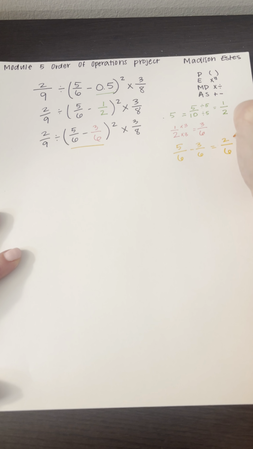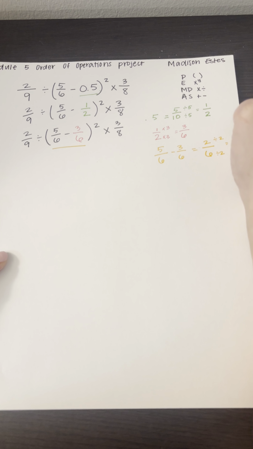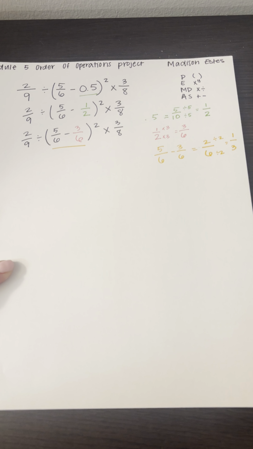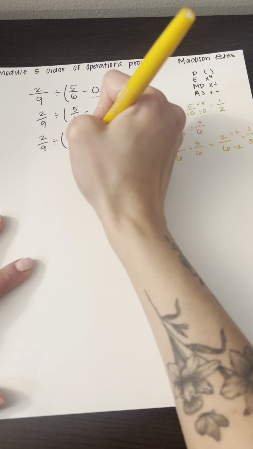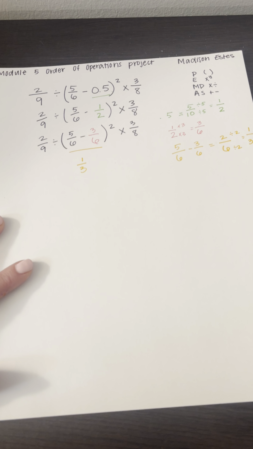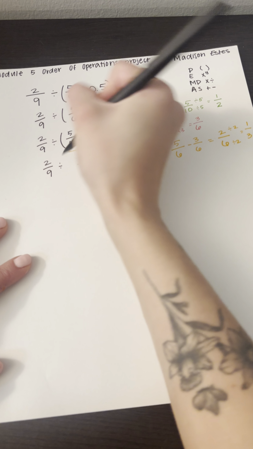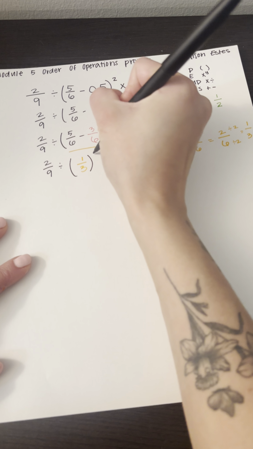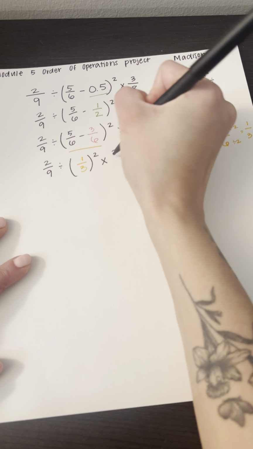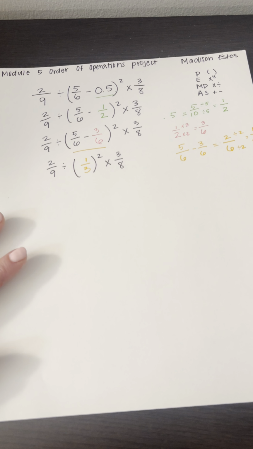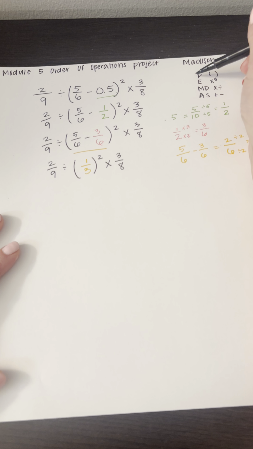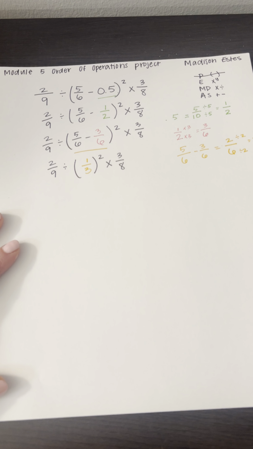And now I'm going to simplify this by dividing both the numerator and the denominator by 2. I'm just going to rewrite this and bring everything down. And we have done the parentheses.